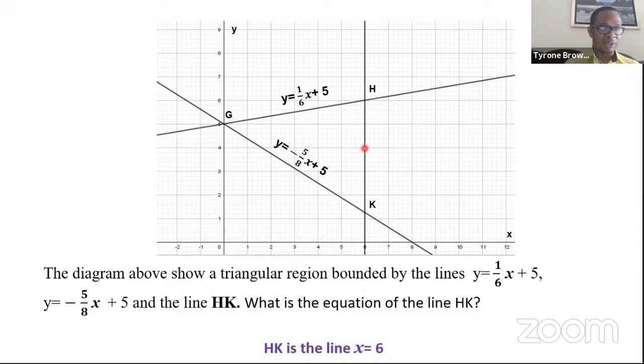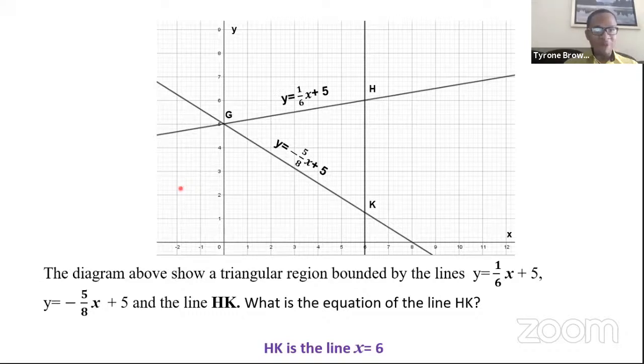Let me see who said it. Okay, it was an error, he changed it. And at this point, the final point we're looking at, the coordinate of this point is 6, 6.